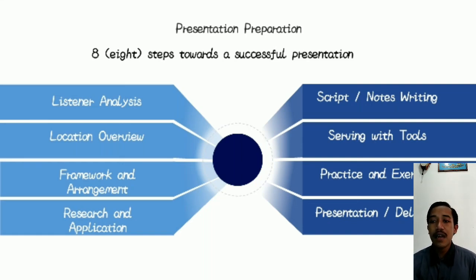The 5 elements are the sender of the message, the message that is sent, how the message is sent, delivery channel or medium, the receiver of the message, and feedback. This section is the final stage of preparing a presentation. Therefore, the previous presentation stages must be thoroughly understood and mastered before the speaker arrives at the location and time for the presentation.